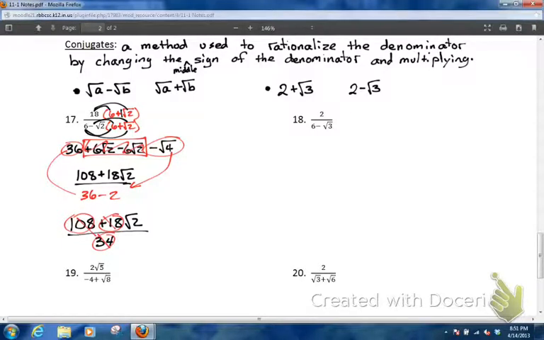In this case, they're all divisible by 2. So this is going to end up being 54 plus 9 root 2 all over 17 as your final answer here. So that was the first problem of conjugates.